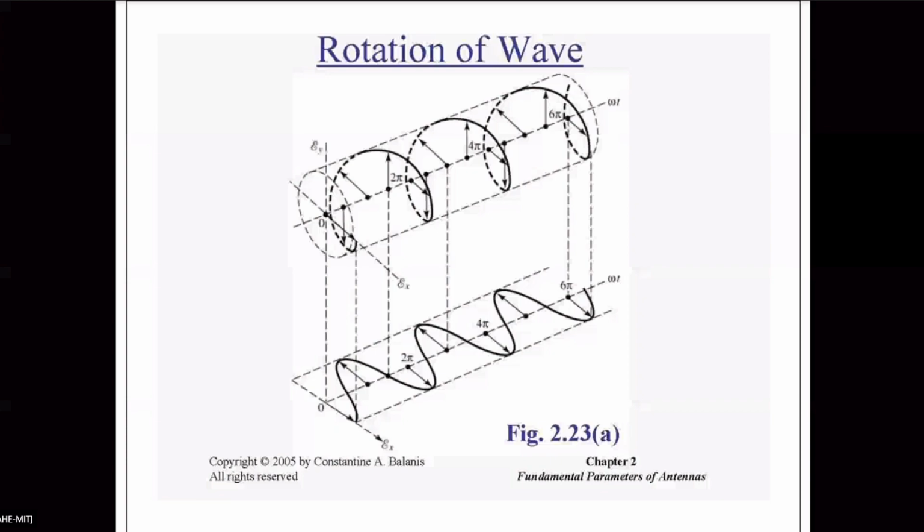So we can have linear polarization, circular polarization, and elliptical polarization. I am not going to go into much detail of this because it is not required for you. You have already studied linear, circular and elliptical polarization in EMW.